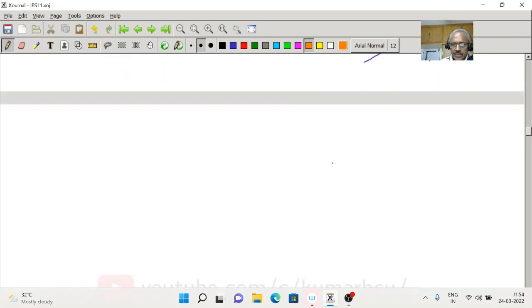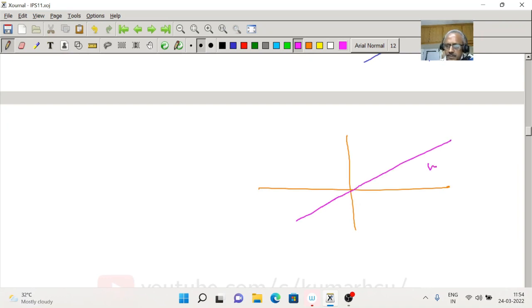The question I want to understand is, let us look at my W, and let's look at my vector x here.